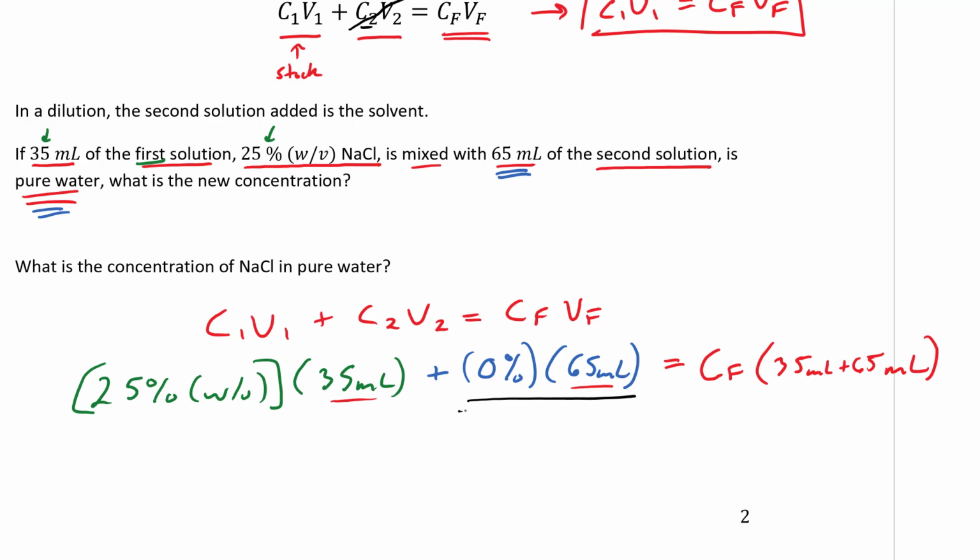So notice right here, this value here, 0 times 65 is just 0. As a result, these terms are not required in a dilution calculation.